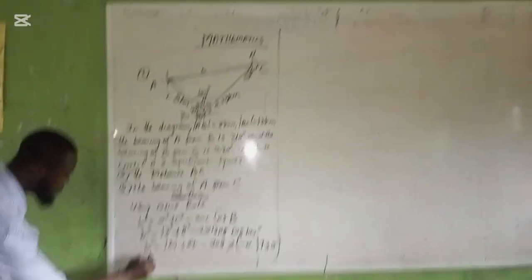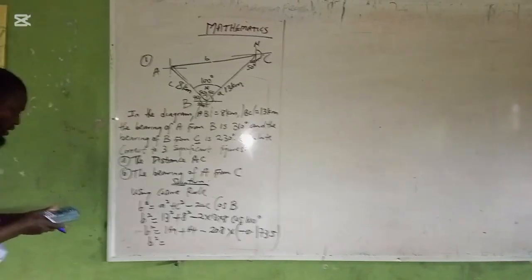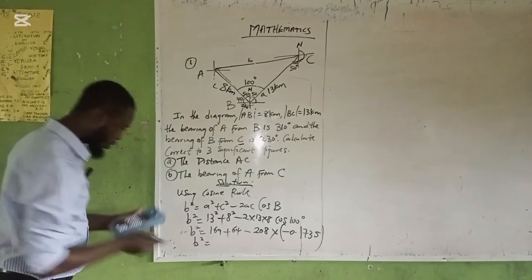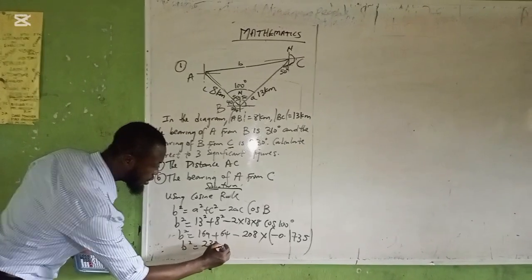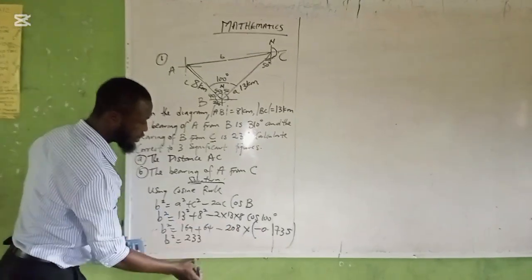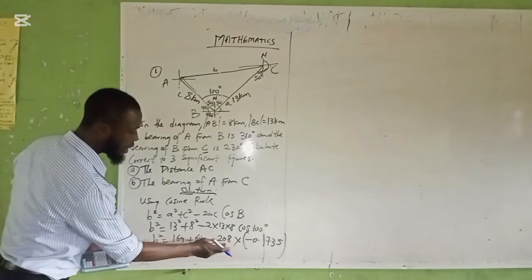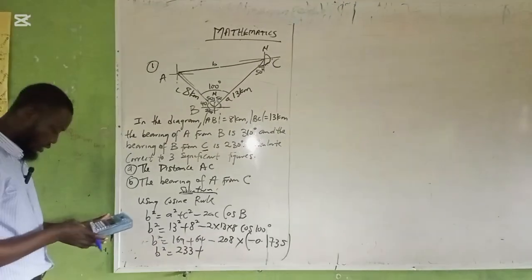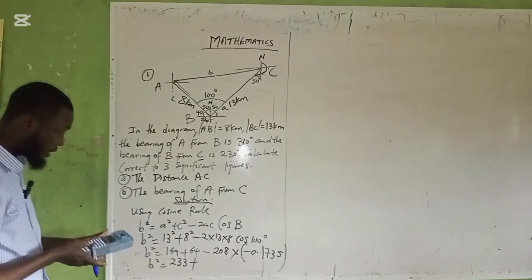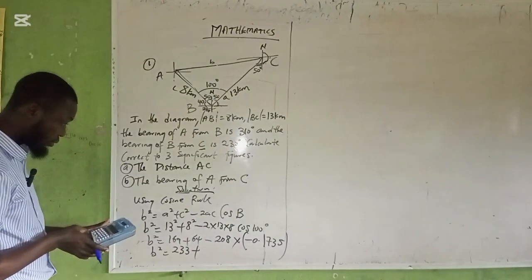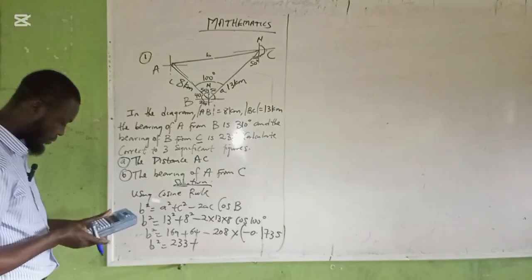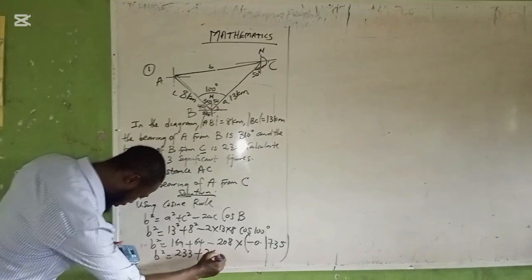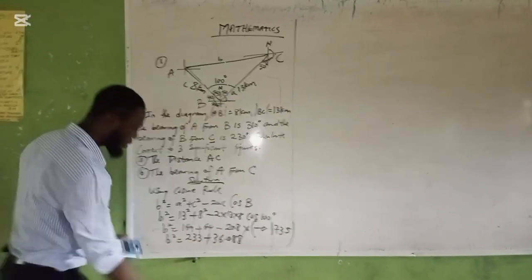So in that process, we are going to have b squared is equal to 169 plus 64, which gives us 233, and minus times minus here will give us plus. So you now multiply what you have, but there's plus in between them, so you multiply together: 208 times 0.1735 gives us 36.088. Is that clear?